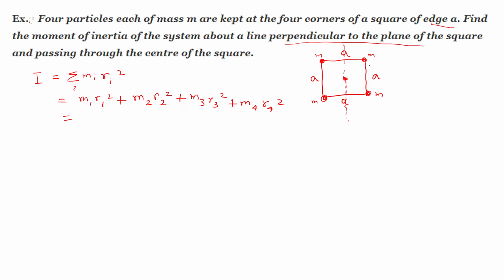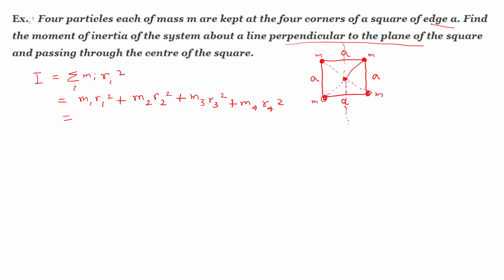Mass is the same, which is m, but we need to find out the distance of these particles from this center. Since this is a square setup, these are diagonals, and they are perpendicularly bisecting.